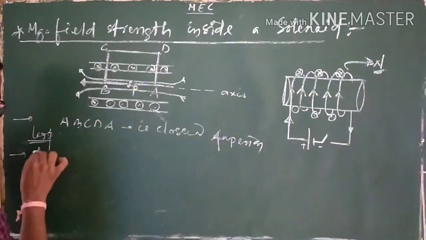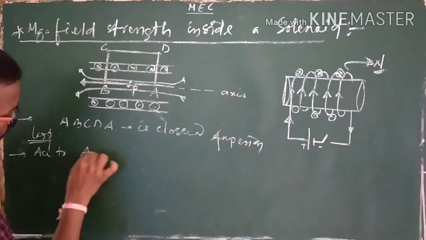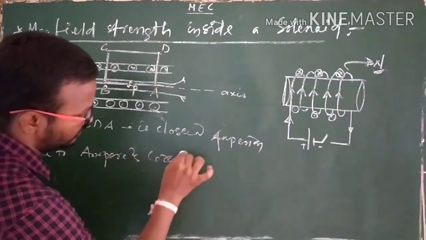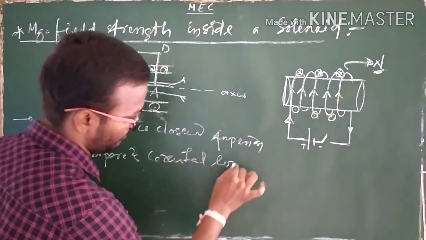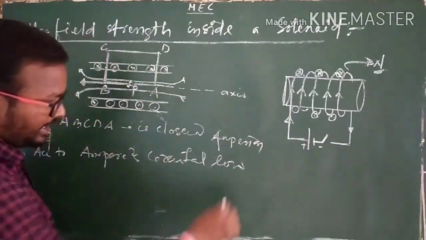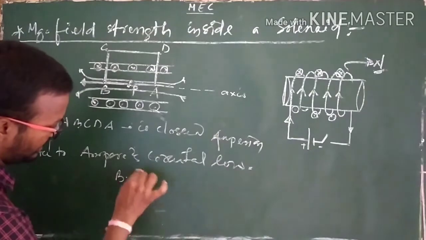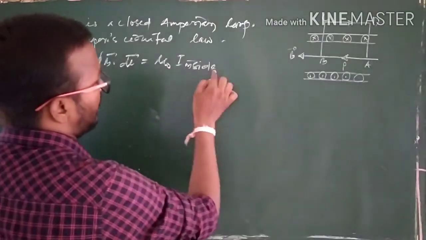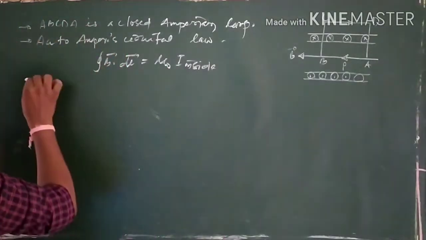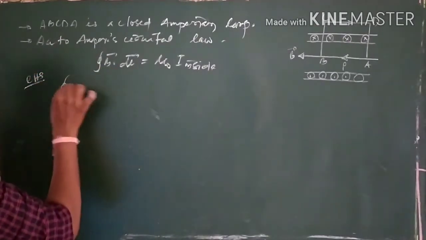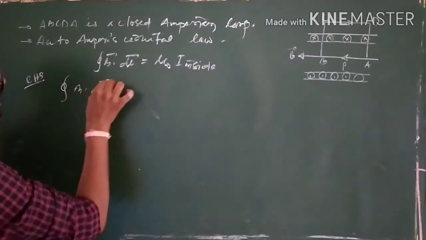So according to Ampere's circuital law, what is Ampere's circuital law? That means closed integral of B dot dl equals mu naught I inside. Clear? Okay. Now we come to the left-hand side, the closed integral of B dot dl.